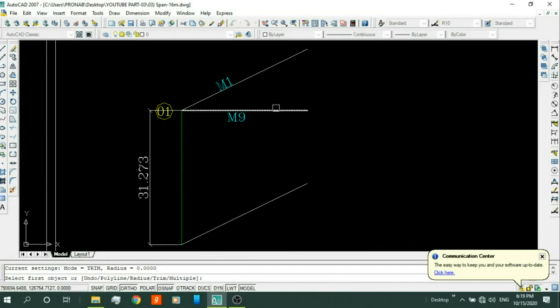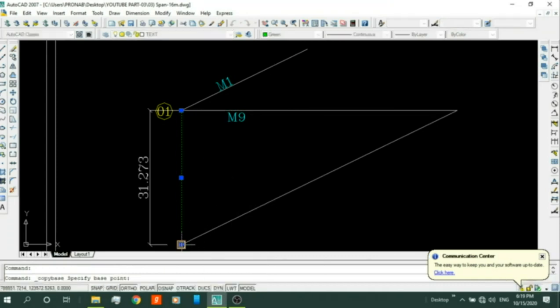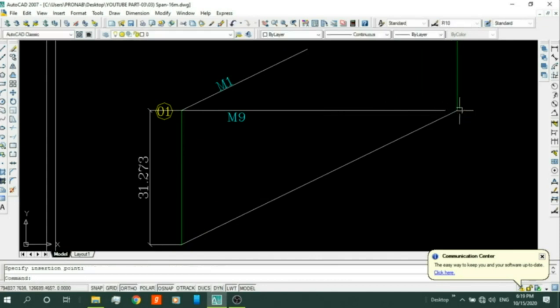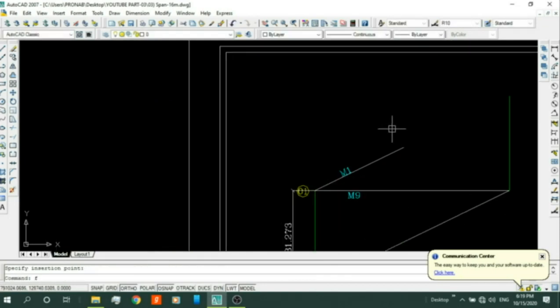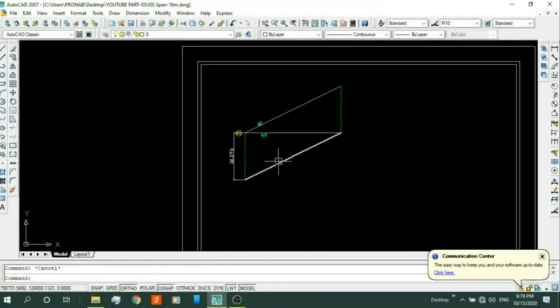Once again copy this line, and paste here. Command F. These two are the sides of a parallelogram.